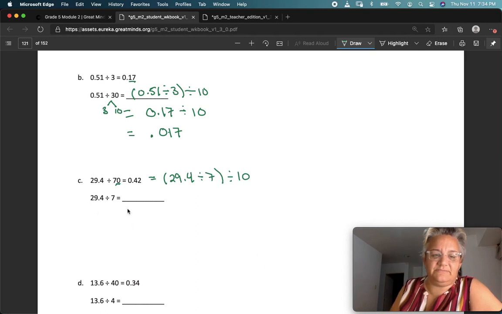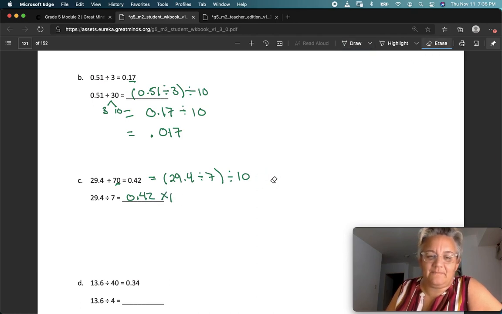Well, in order to do that, I'm just going to make it the same thing, right? Except this time I'm going to multiply by 10 to take that out. So my answer here is going to be 0.42 times 10, because multiplying by 10 is going to do the opposite of dividing by 10, and that's going to give us 4 and 2/10.